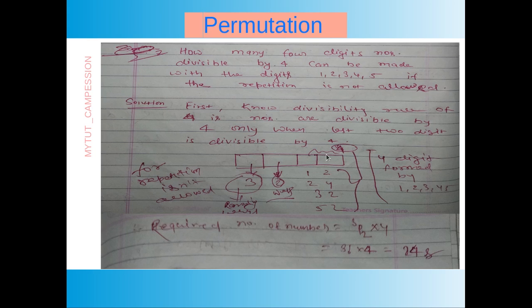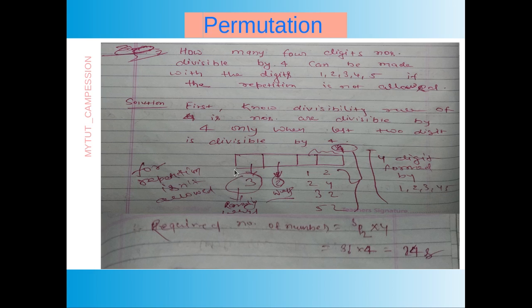So you can put the last two digits in 4 ways. Now we have used 2 digits, so the remaining are 3 numbers.